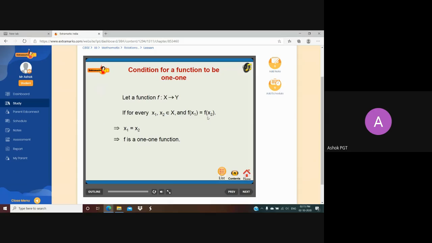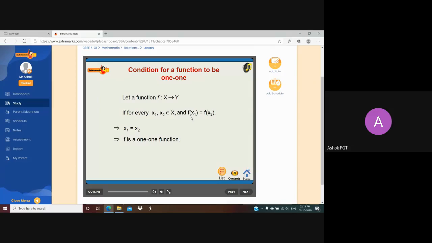That single output should be produced by only a single input. So definitely x1 must be equal to x2, and only then do x1 and x2 become a single input. In case x1 is not equal to x2, then x1 is a different input and x2 is a different input. Do you understand what I say? Students, please tell me, did you understand?